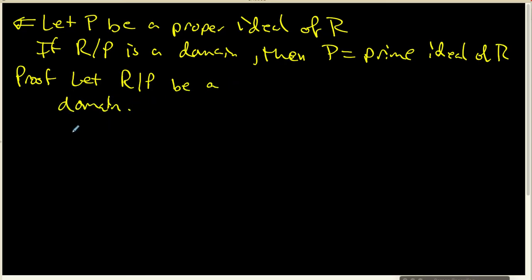In other words, we're going to assume that R mod P has no zero divisors.